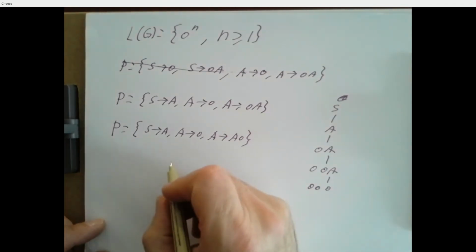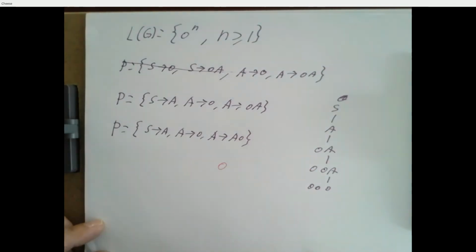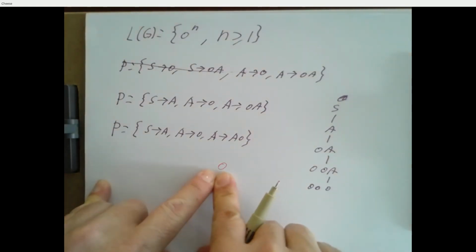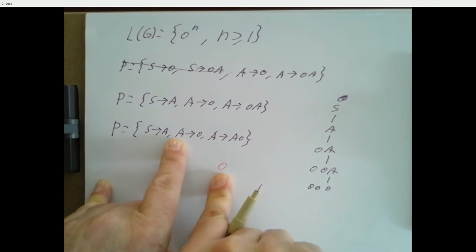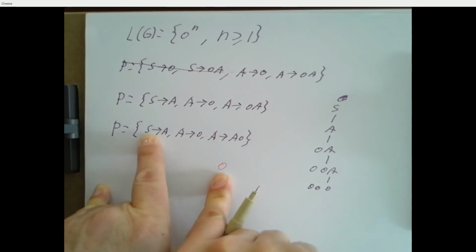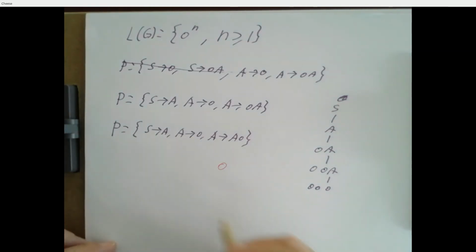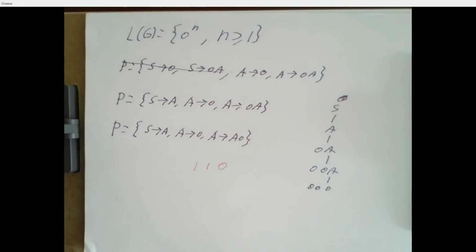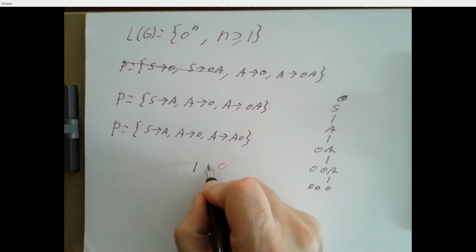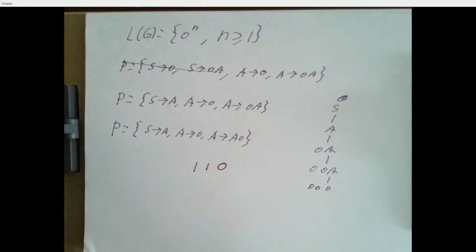So if your string is a 0, we can say, what is a 0? Well, it could be an A, and an A comes from our start symbol, right? That looks fine. But in general, suppose we have some string. So let's say it's a 110.